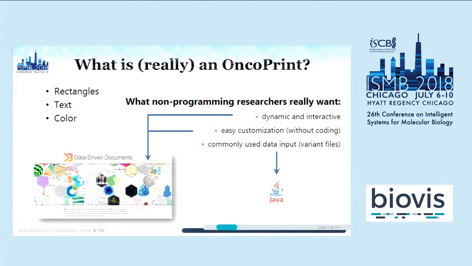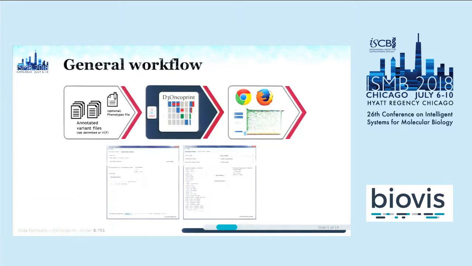So what we decided to do is make dynamic and interactive capability, easy customization with colors, movement, ordering, sorting and filtering, and have the initial data in a format that is the end of the bioinformatics pipeline of variant annotation. This is what we developed. The D3Oncoprint is a Java application that you can download on your local machine, so you don't have to upload anything anywhere.